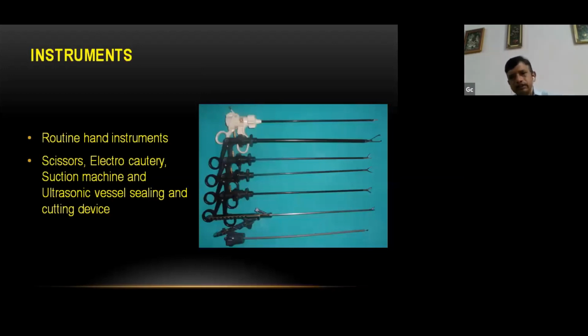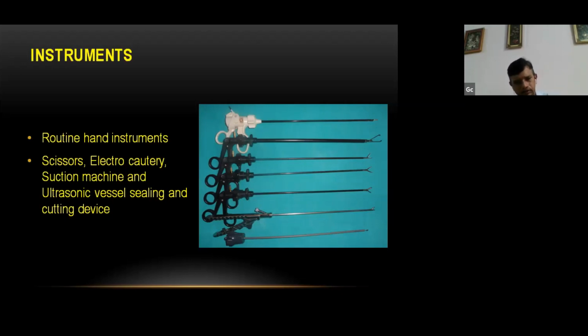And then the instruments, as I told, you have to use good quality instruments. Not very many instruments are required, but the quality should be good. So use a hook, needle holder, grasper, dissector, crocodile forceps, and energy device. So few things are required. Scissors and needle holder, Maryland for the suturing, and then dissector and grasper for holding.